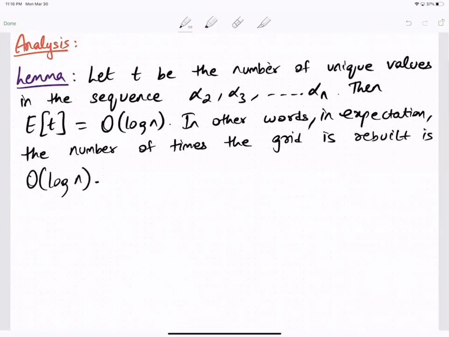Previously we said if your sequence is very bad, the grid can be rebuilt each time, which is n. But now because of this random permutation that we are doing, in expectation, we won't rebuild the grid too many times. It's actually order of log n. Okay, so let's do the proof as well.